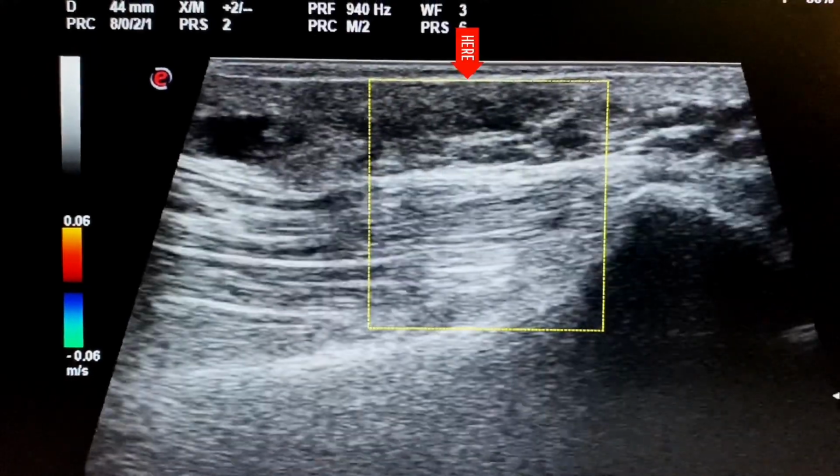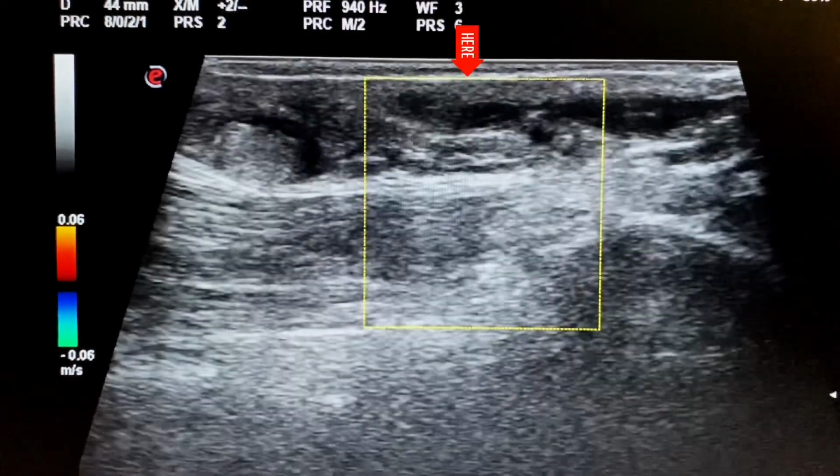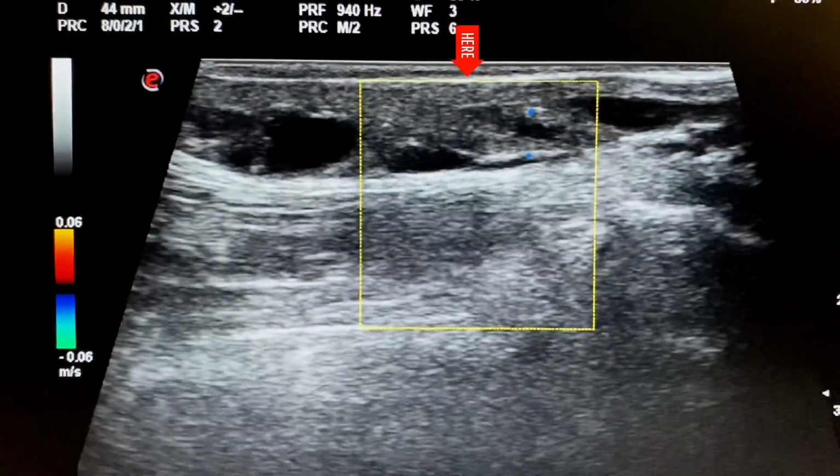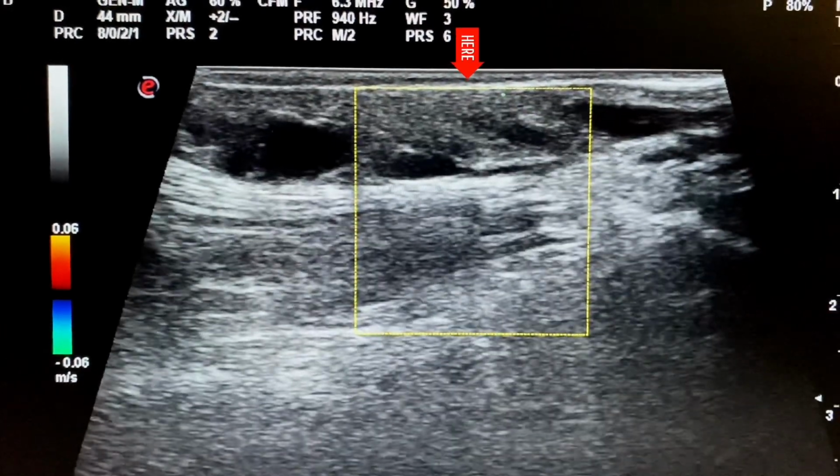Now on color Doppler, we see no flow in this hypertrophied or cystic area.